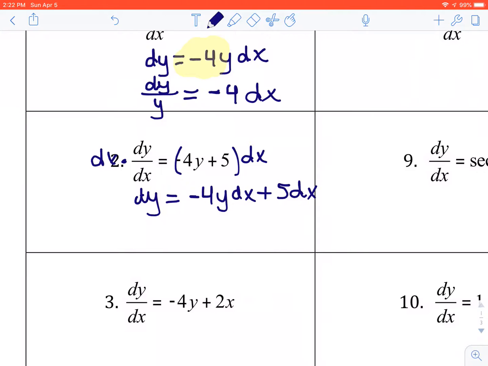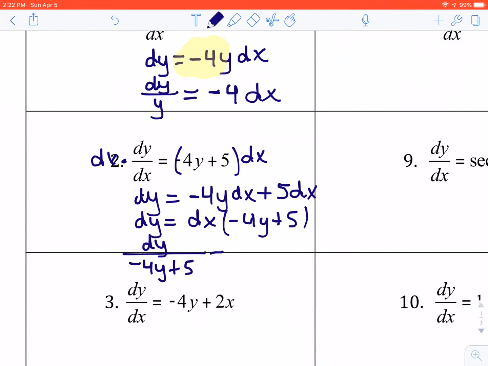The only way that we can separate it is to recollect that dx and divide both sides by negative 4y plus 5. So that's basically a quantity. So in order for us to integrate, that's what we have to do there. And those are the ones they typically put, of course, on the free response, which trick us a little bit because sometimes that can be difficult.